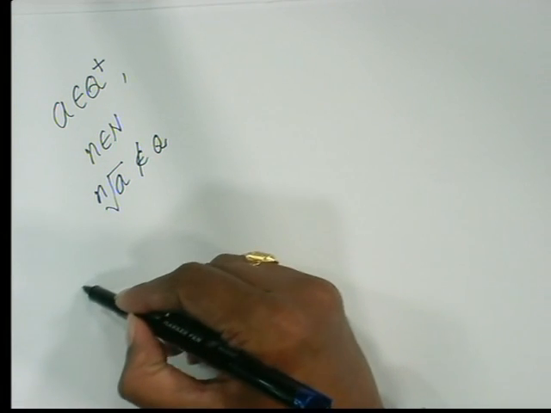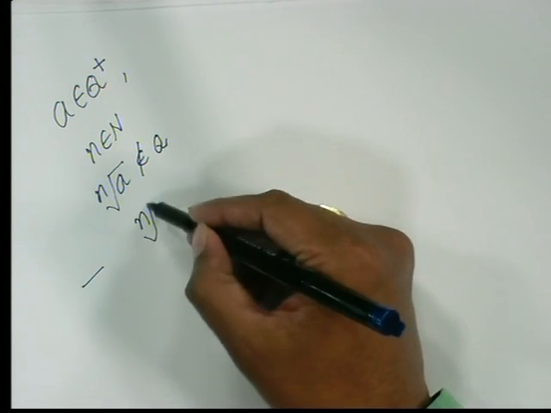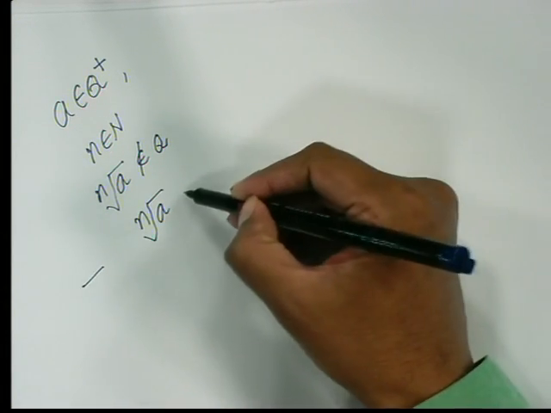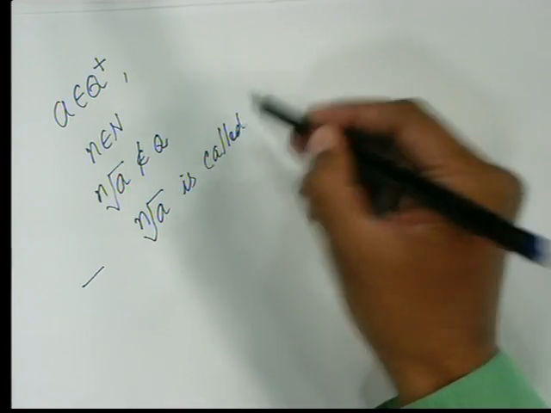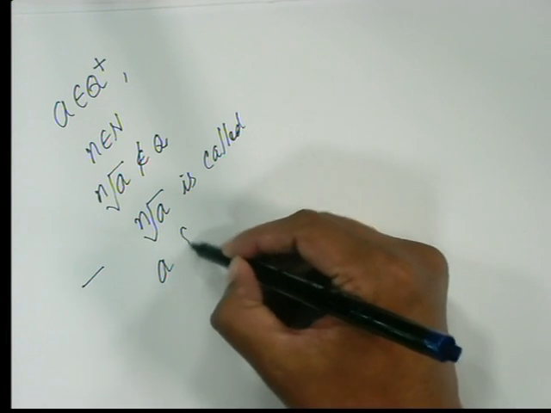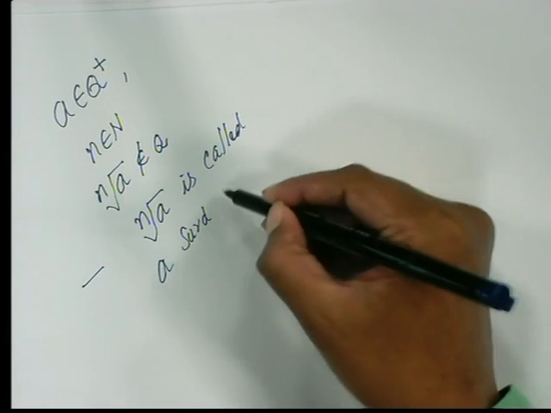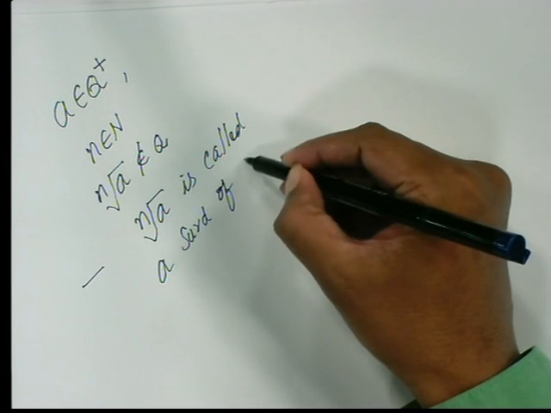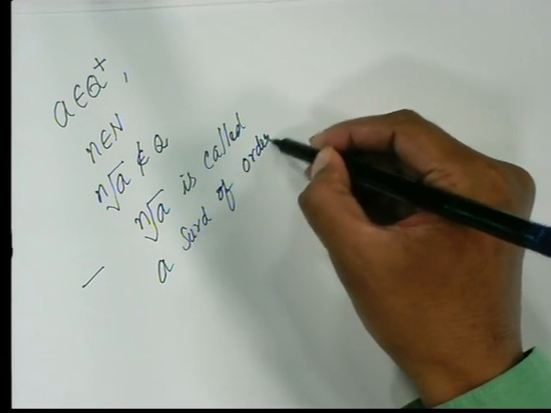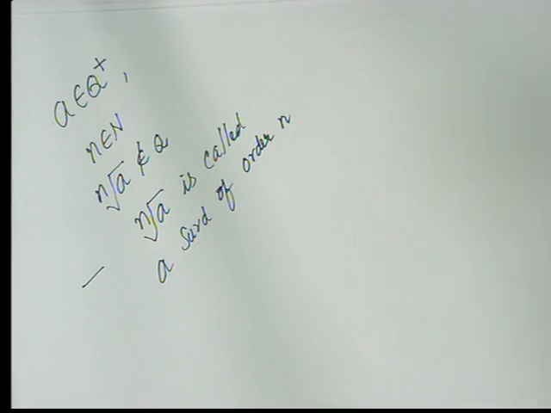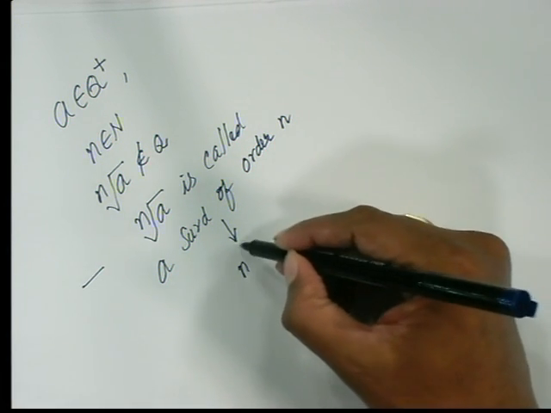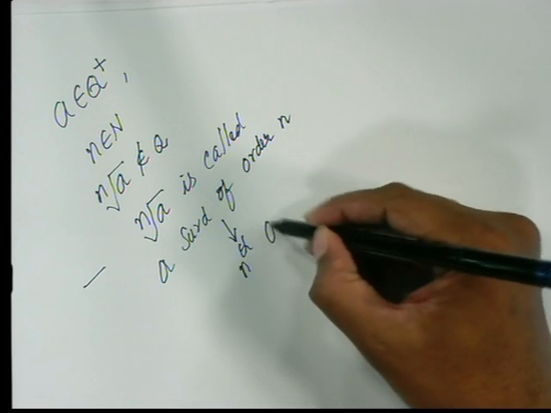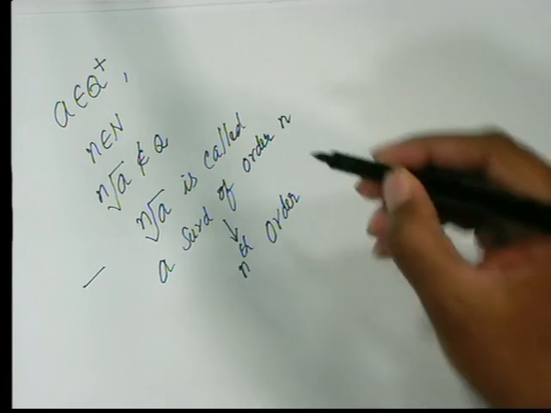Then this nth root A is called a SURD of order n, or it may be called an nth order SURD.